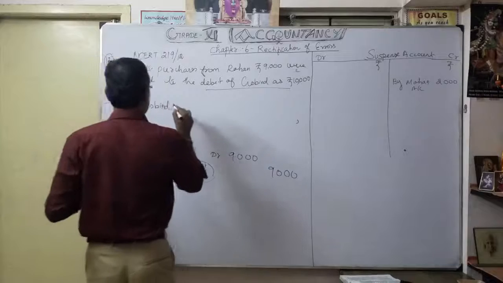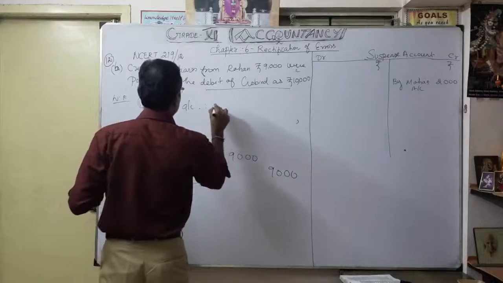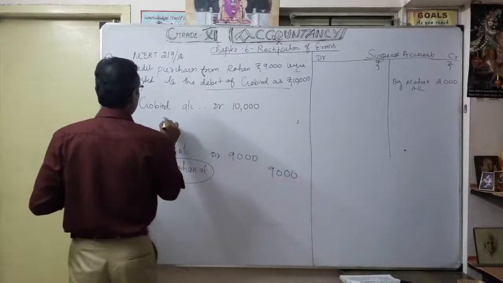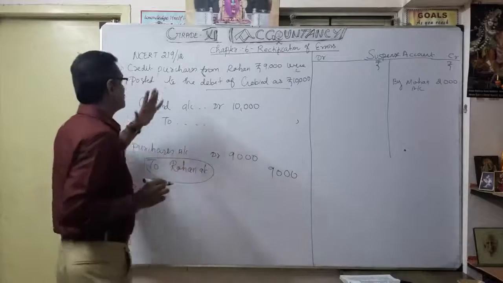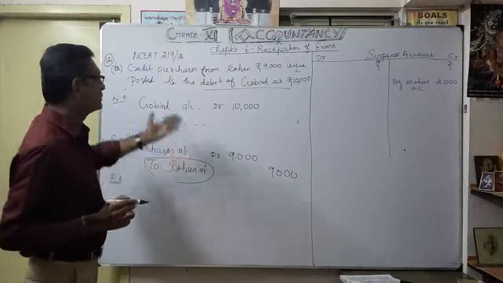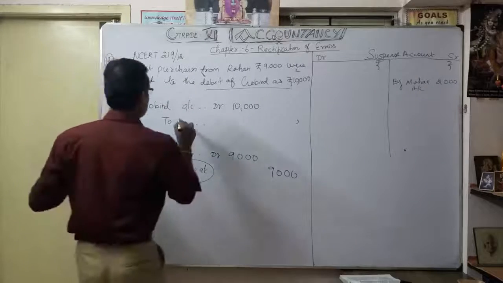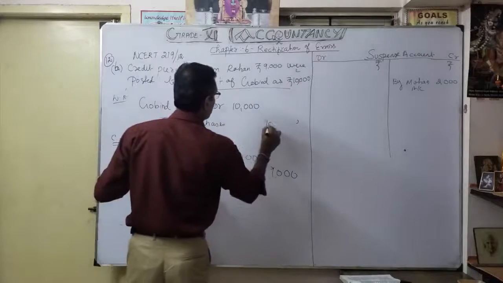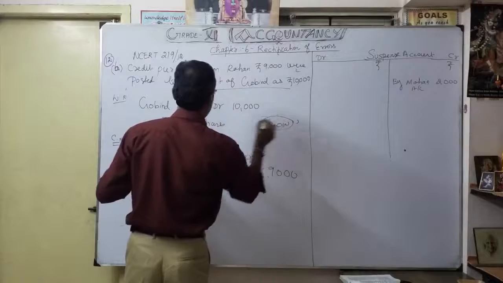So both mistakes are done. So Gobind account debit, how much? 10,000. Okay. Instead of crediting Rogan account, they wrongly gave the credit to purchases. That's what they did wrongly.